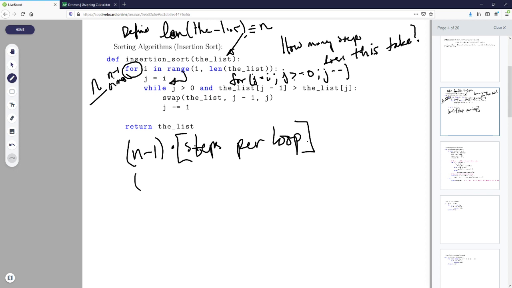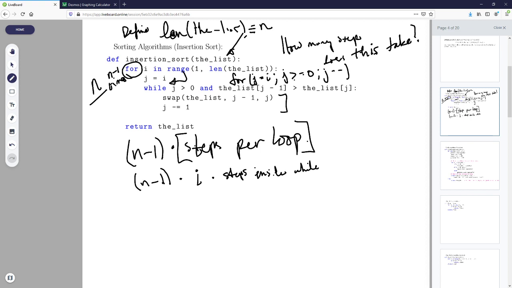So n minus 1 times, and unfortunately what we're going to have to multiply it by is I steps. And then, of course, how many steps does this take times the step inside? So what's the step inside?